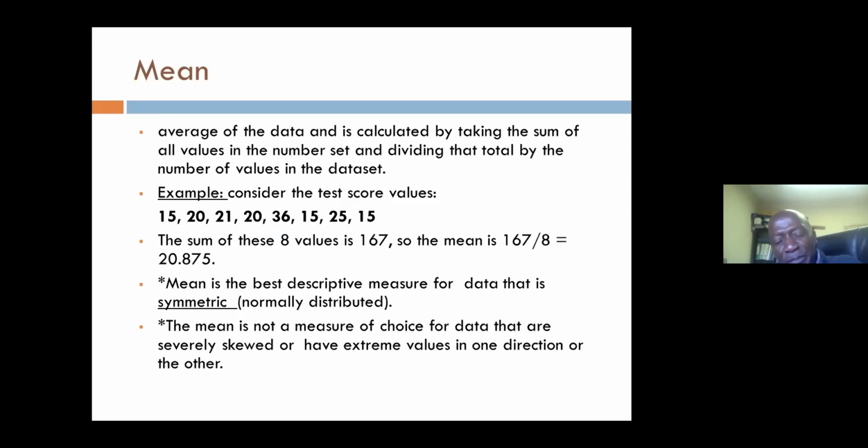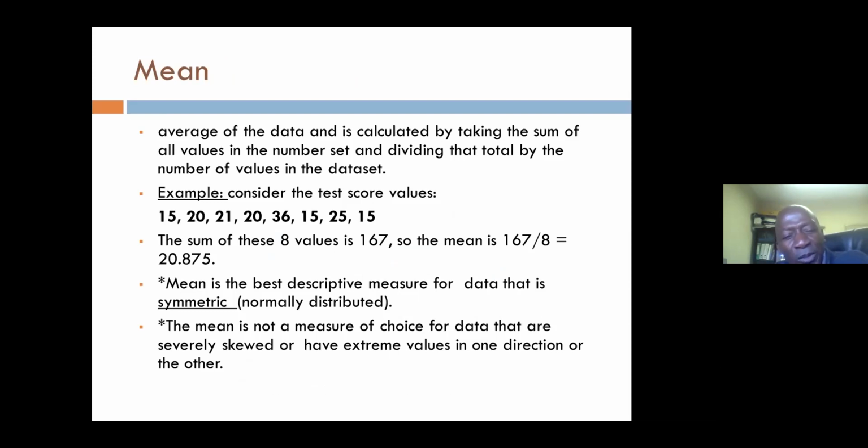When our data set is symmetrically distributed, the mean is the most appropriate measure of central location. So the mean is the average of the data, and it's calculated by taking the sum of all the values in the data set and dividing by the sample size.